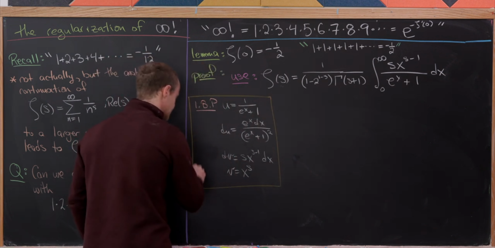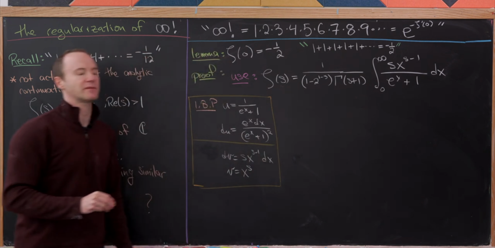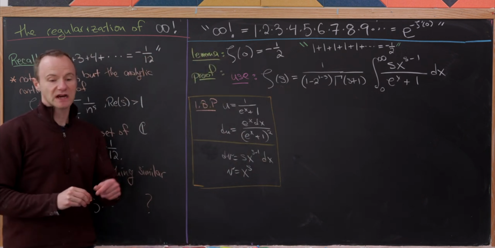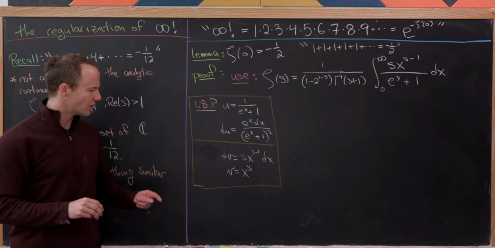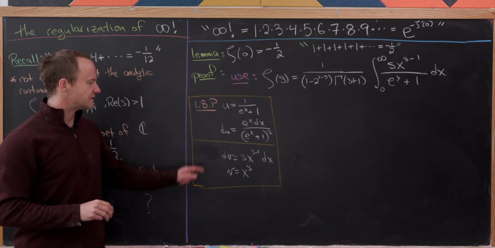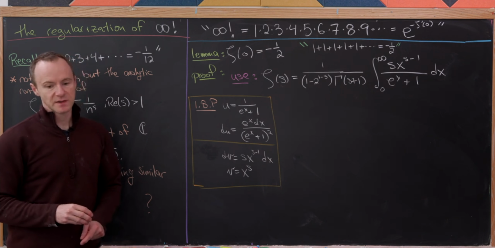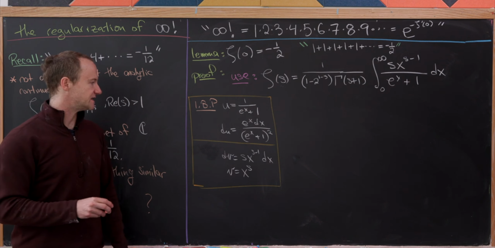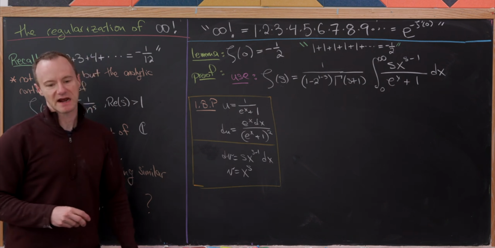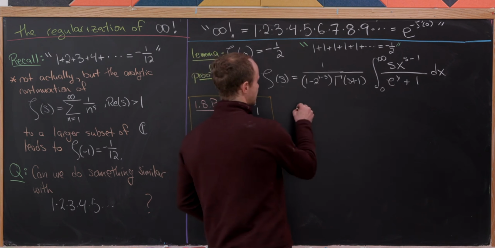And maybe I'll leave this tiny calculation for you, but recall that the integration by parts formula is u times v minus the integral of v du. So the u times v part evaluated from 0 to infinity will give us 0. So all we're left with is the integral of v du, but of course that's attached to a minus sign. So that's going to look something like this.